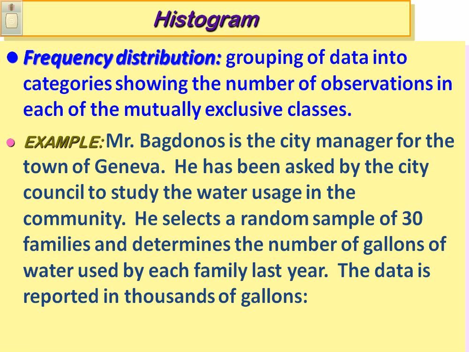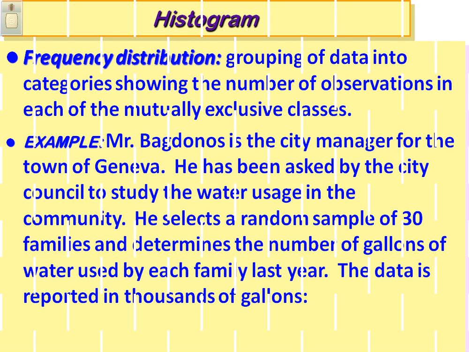So a sample of 30 families, and determines the number of gallons of water used by each family last year. The data is reported in thousands of gallons. So when the first one says 15, that doesn't mean they flushed the toilet 5 times and used 15 gallons. It's 15,000. That's a lot.